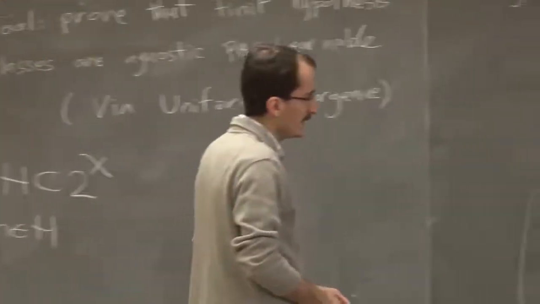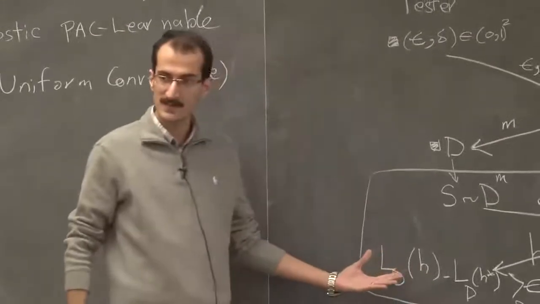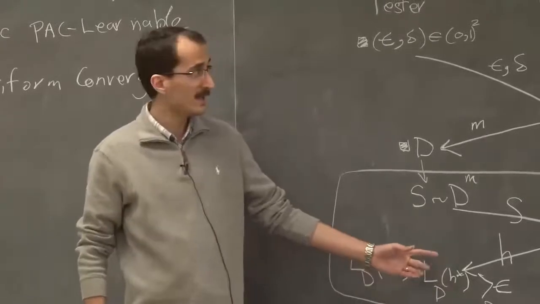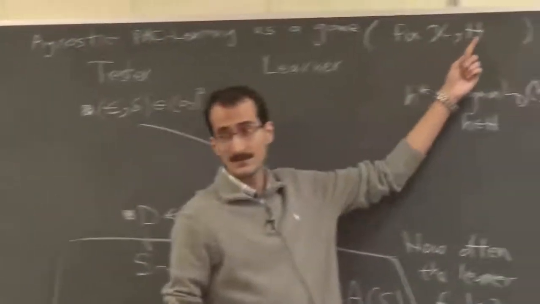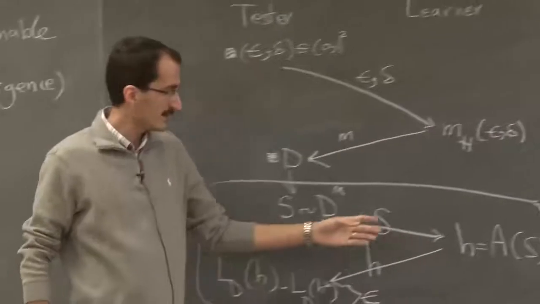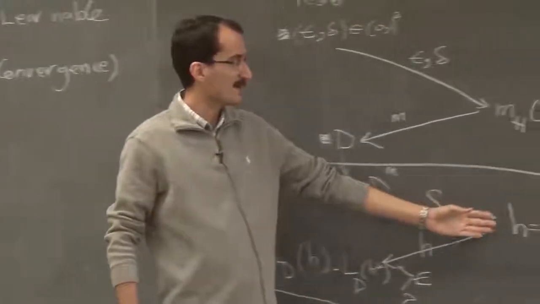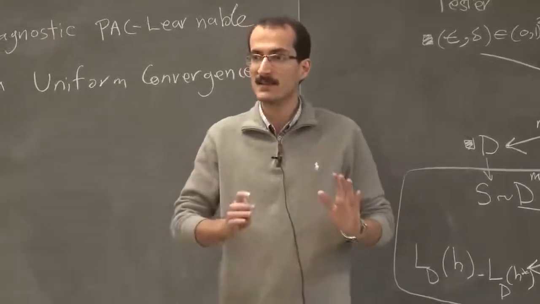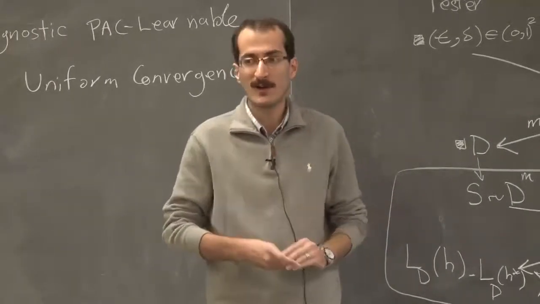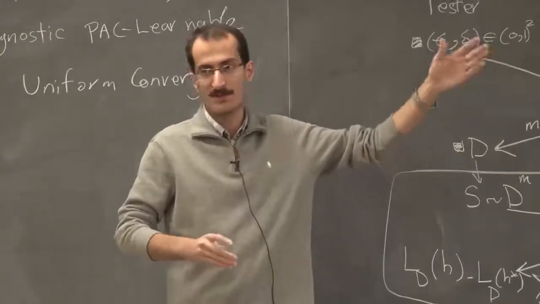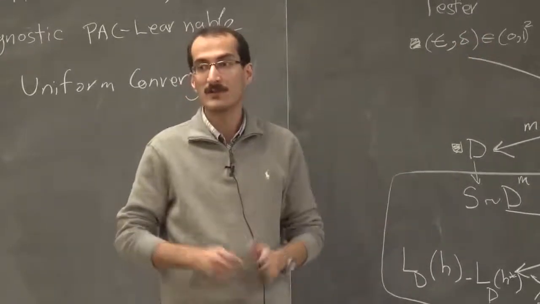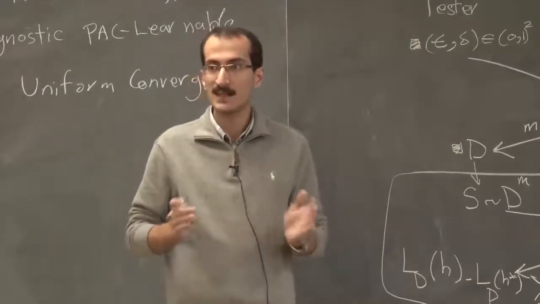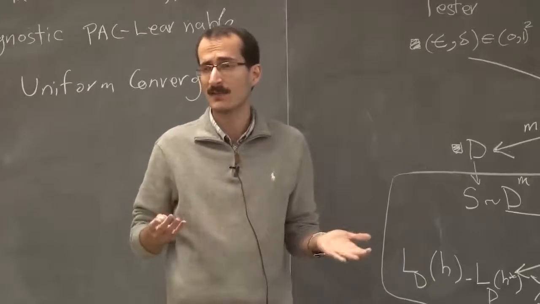The main thing here is that we compare ourselves with the best hypothesis in the class. That's the main use of H. In the standard setting, maybe we require that h is in H, capital H. So we require that the learner outputs a labeling in our class, and it's called proper learning.